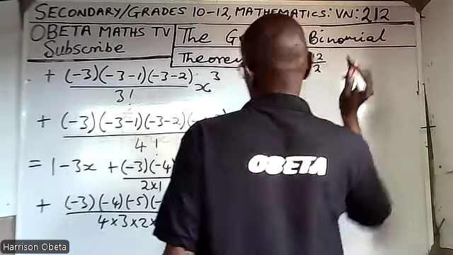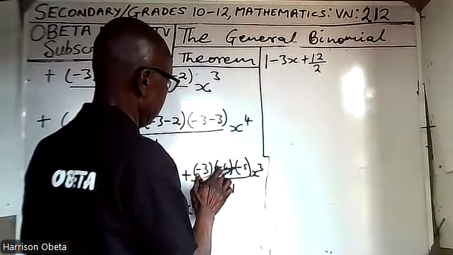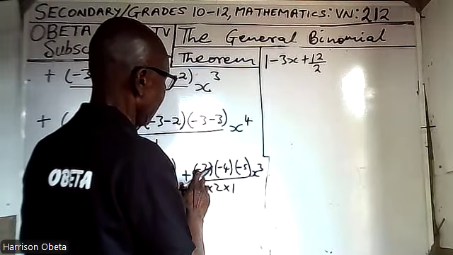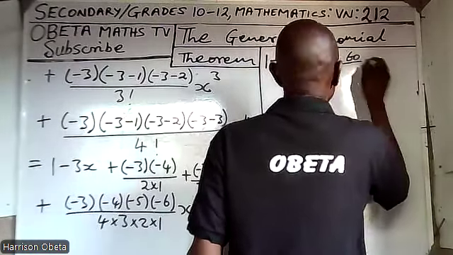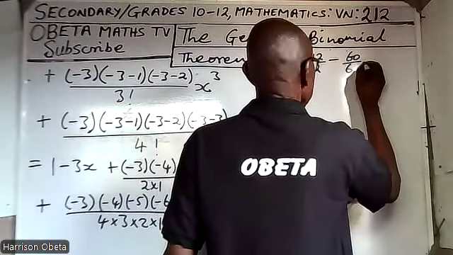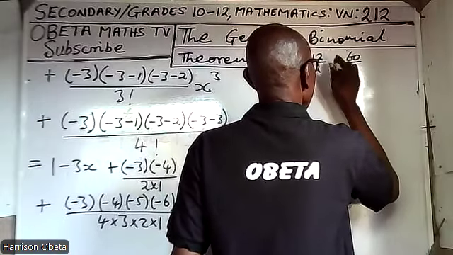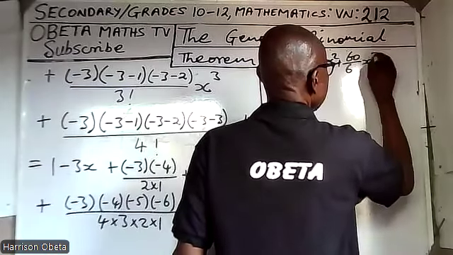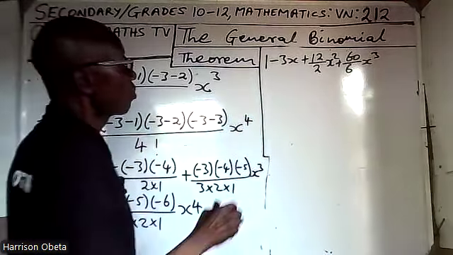Then coming here, this is plus 20 times minus 3, minus 60, all over 3 times 2 times 1, that is all over 6. Then x raised power 3. This should be x raised power 2, and this x raised power 3.